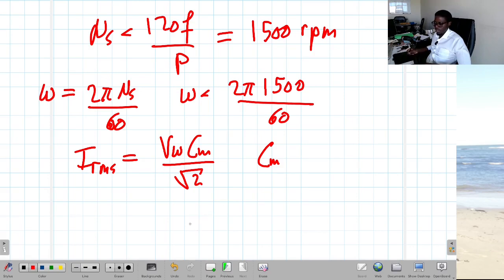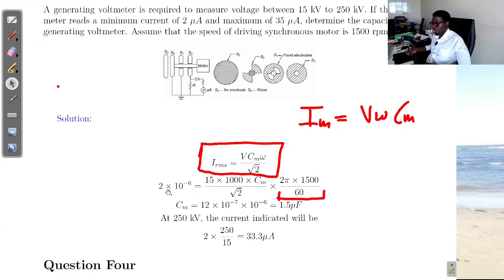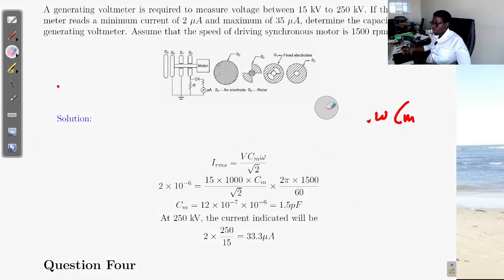So in our equation, we've got the IRMS given. So we take the minimum value of the current provided. In this case, we've been given the IRMS, which is 2 microamps, and then we've been given omega. So this is our omega in the circuit.